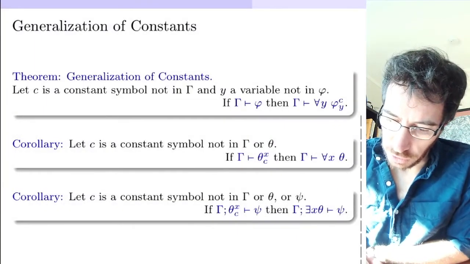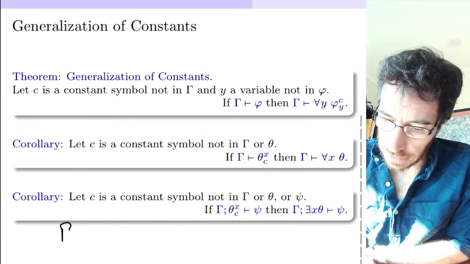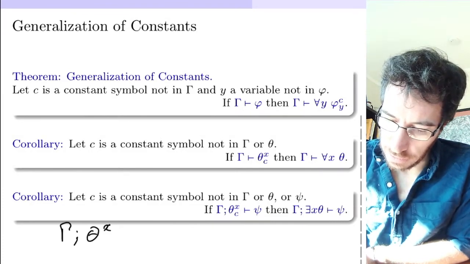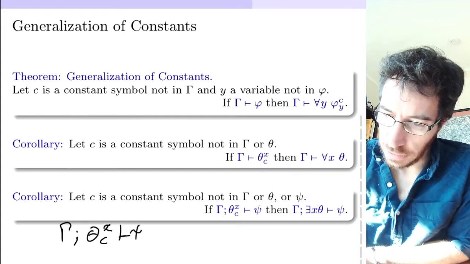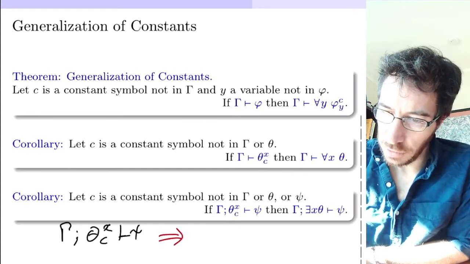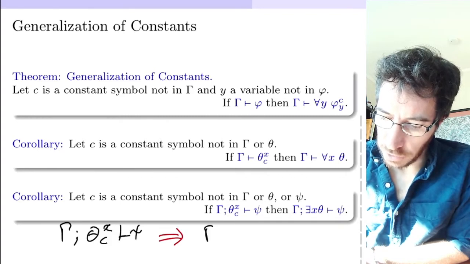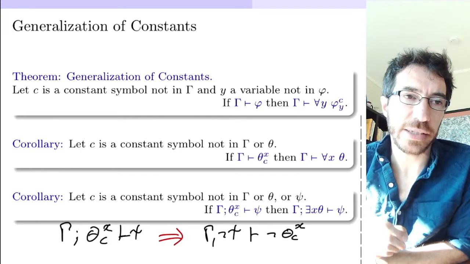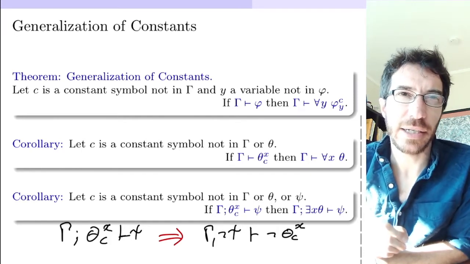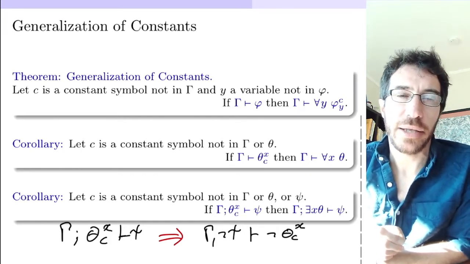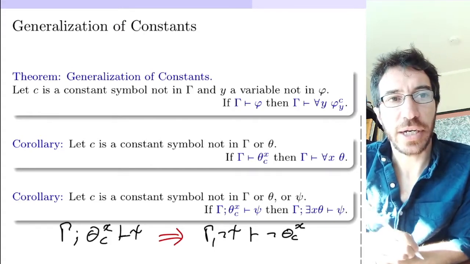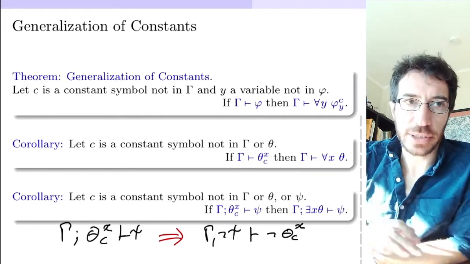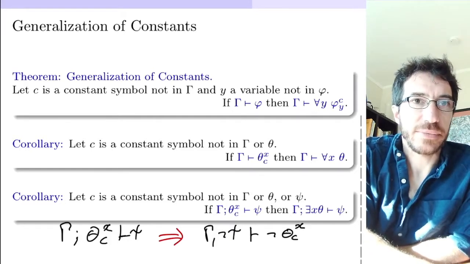So what is the proof? We know that gamma together with theta x c proves psi. Now by contrapositive, we get gamma together with not psi proves not theta x c. We're using here the fact that not not psi is the same as psi, because it's a tautology, and therefore they are equivalent. Applying not twice is the same as nothing. It's technical commentary.